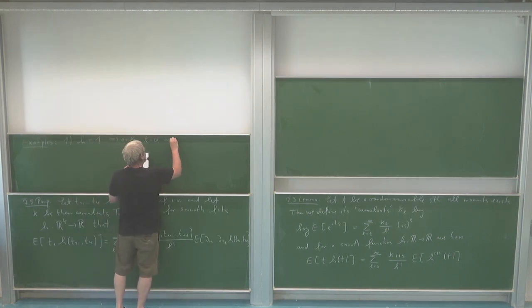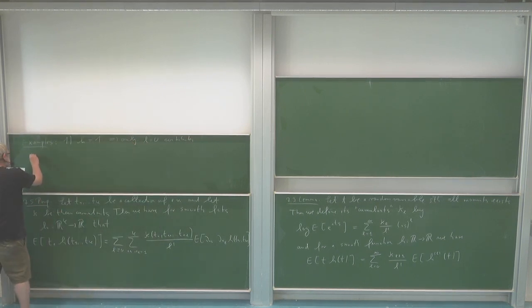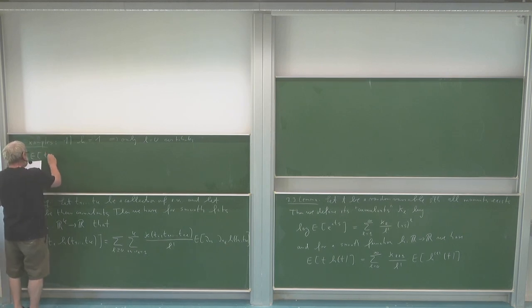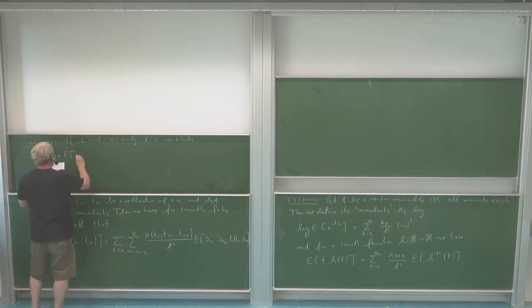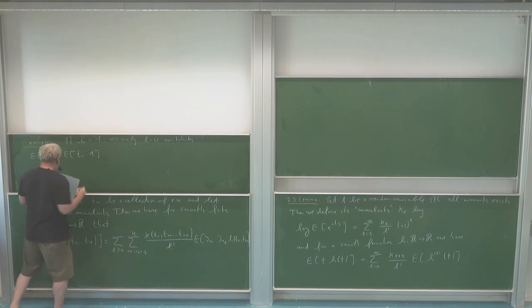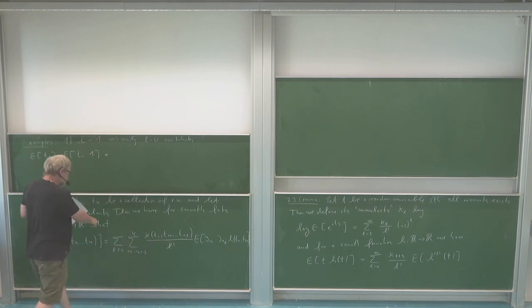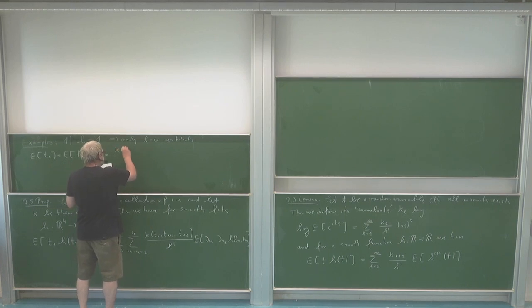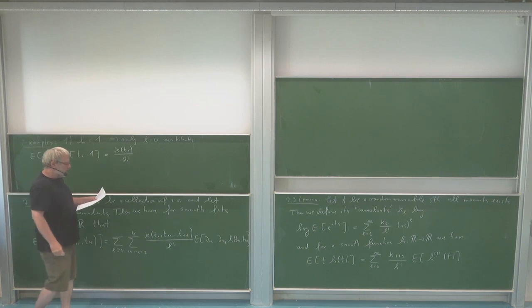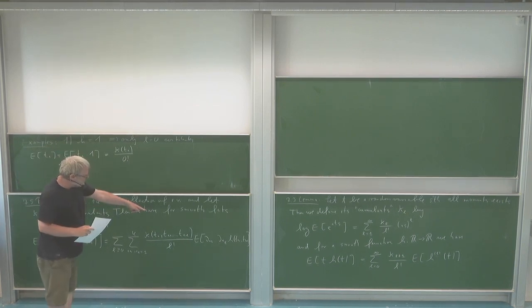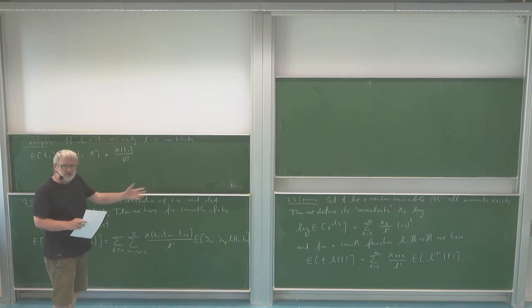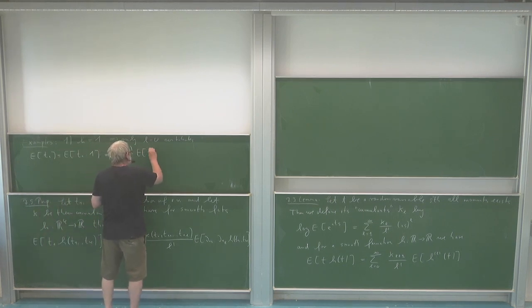So only L equal to 0 contributes, and then this formula tells me that the expectation of Ti, which is the same as the expectation of Ti times 1, with h equal to 1, equals on the other side the L equal to 0 term. There are no i's to sum over, so it's just kappa of Ti, divided by 0 factorial, which is 1, and then I'm left with the expectation of h, so just the expectation of 1.